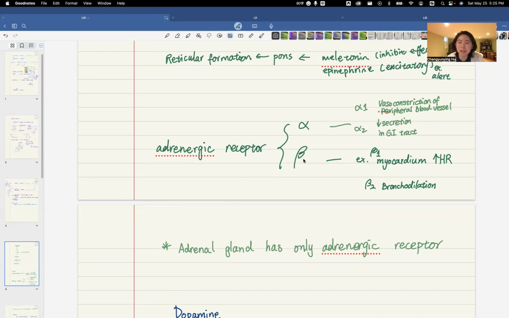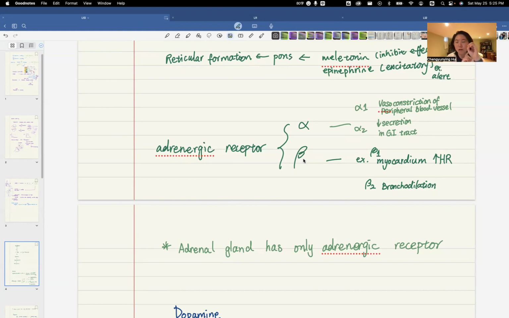We all know the medication beta blocker, which slows down the heart rate. If we block the beta receptor, it decreases the heart rate, which means this beta receptor is excitatory. Rethink about it: we're blocking a receptor, and the result is decreased heart rate.